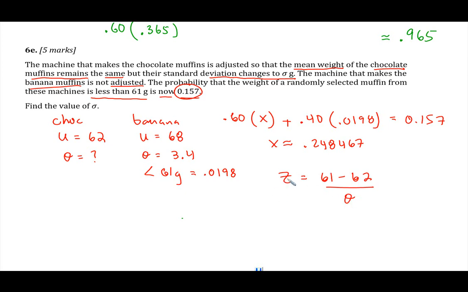The z is this value, 0.248467, because it represents the probability of a chocolate muffin being less than 61 grams. So it's equal to 61 minus 62, which gives us negative 1 over sigma. Now remember, we need to inverse norm this value.